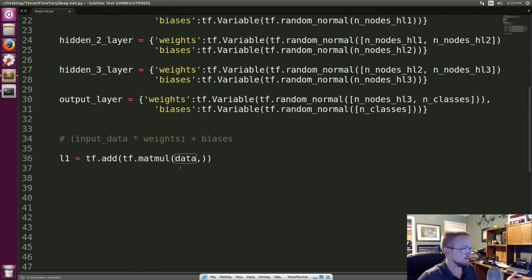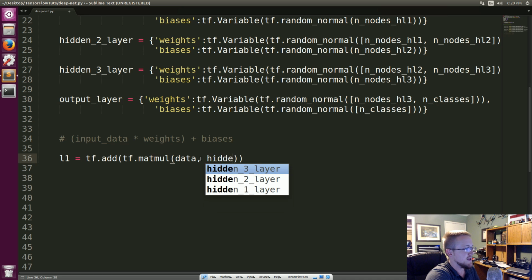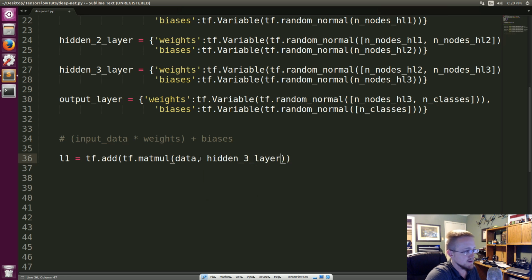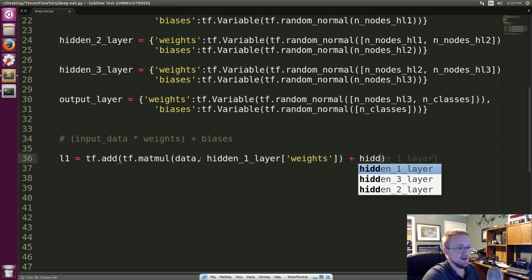So we multiply the data by the weights, and that would be hidden 1 layer, weights. And then outside of those parentheses, don't make that mistake, plus hidden 1 layer biases.